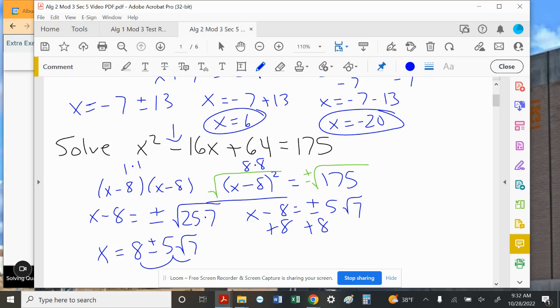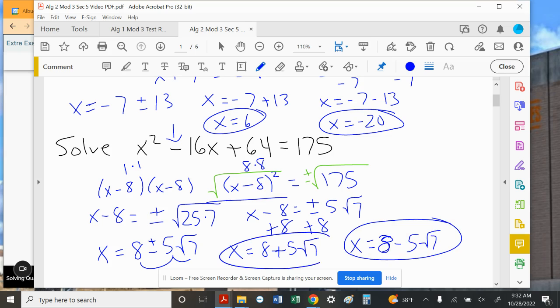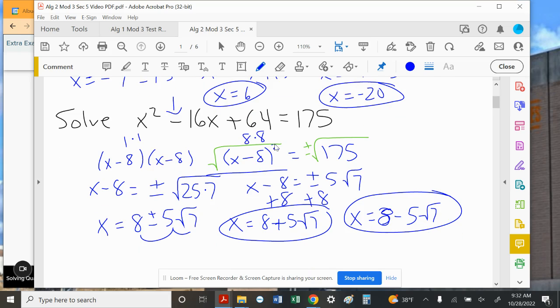And so I have two answers: x equals 8 plus 5 square root of 7, and x equals 8 minus 5 square root of 7. So we have two answers here, 8 plus and 8 minus. And now we'll move on to the next example.